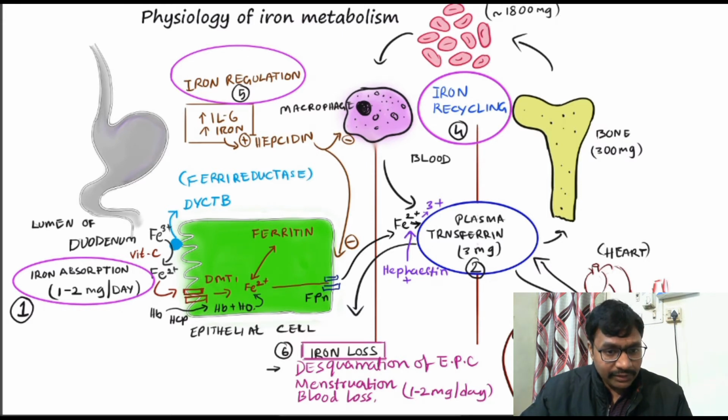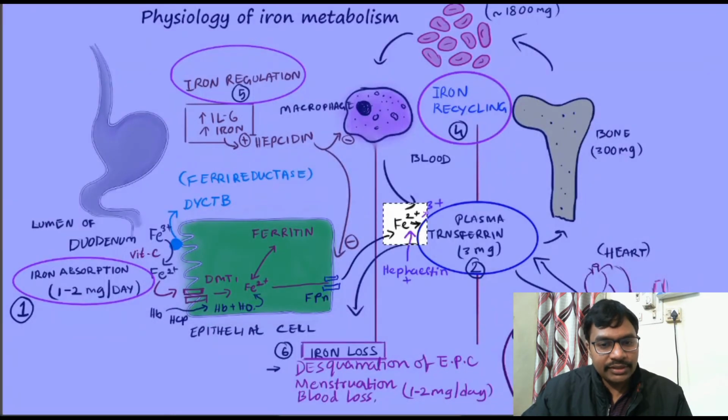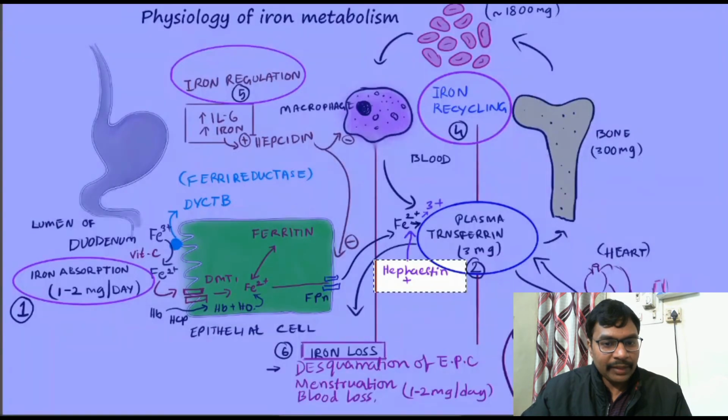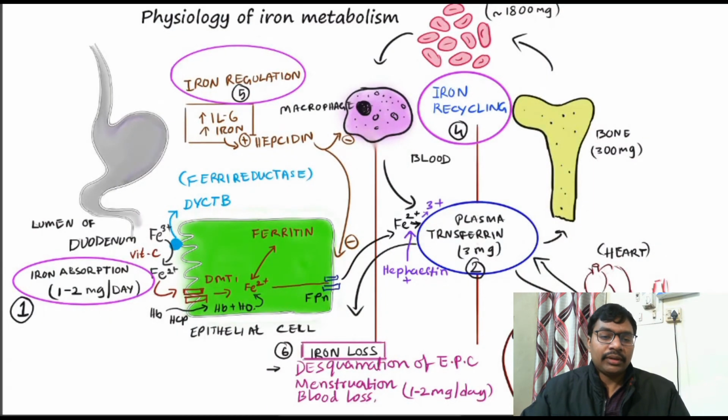Once the iron is needed, this ferrous iron, Fe2+, directly goes into the plasma or circulatory system, where it again converts into the ferric form, Fe3+, right? The oxidation of the ferrous happens with the help of hephaestin. Hephaestin is a basolateral enzyme of the epithelial cells, which oxidizes the ferrous into the ferric form.